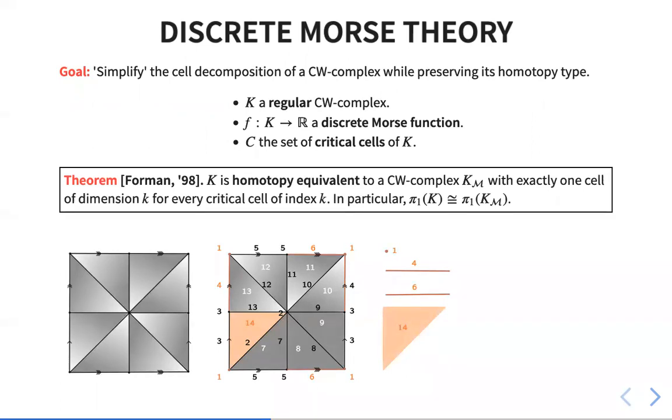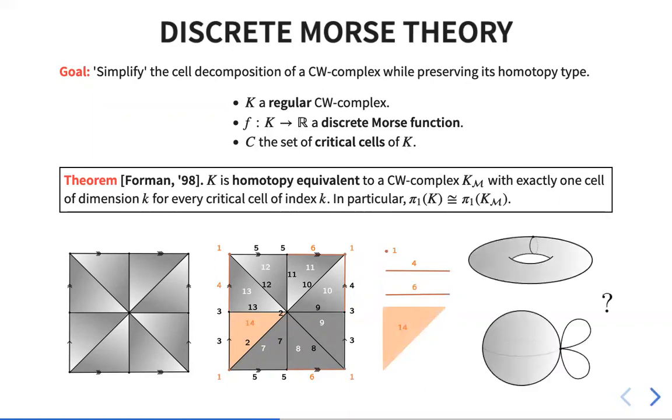The reason I am interested in this complex is because you preserve, of course, the fundamental group. The problem is that in general you don't have a complete description of the attaching maps, so you need to deduce them.